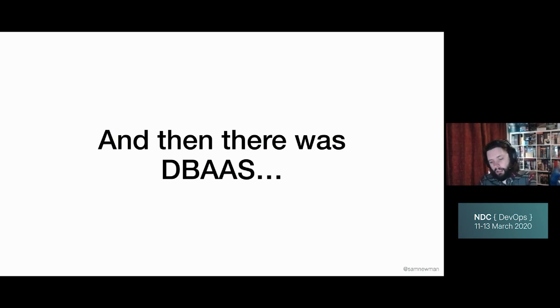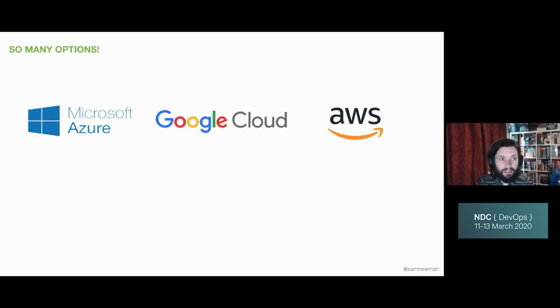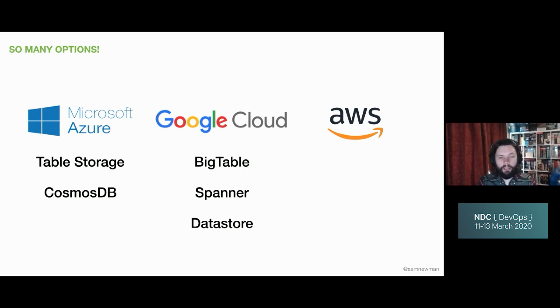But when you start looking at the world of serverless databases, those abstractions aren't necessarily there, and there's just so many more options, right? So when I'm thinking about Azure, I've got table storage, I've got Cosmos DB. On Google Cloud, I've got Bigtable, I've got Spanner, I've got Datastore.